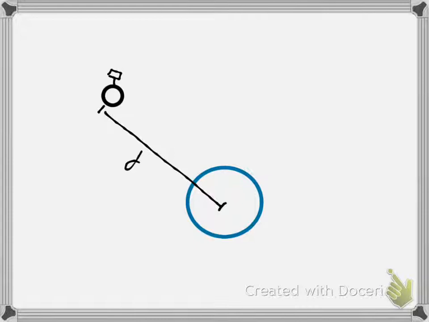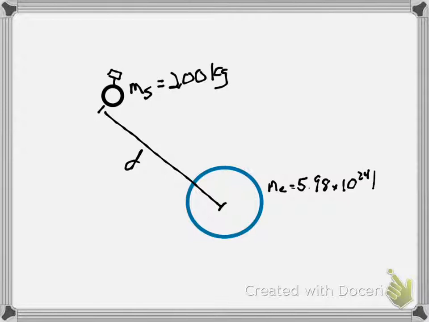And so here's the distance between the two bodies, and let's say we know that the mass of the satellite is equal to 200 kilograms. The mass of the Earth is 5.98 times 10 to the 24th kilograms.